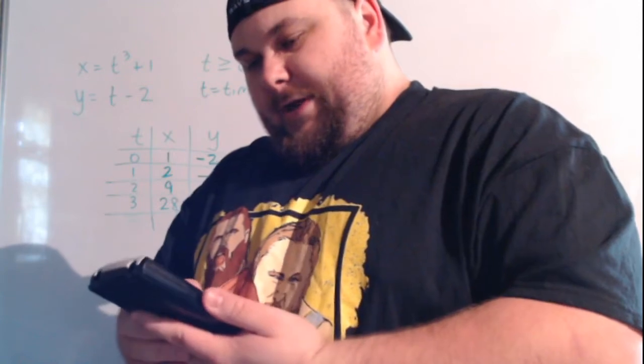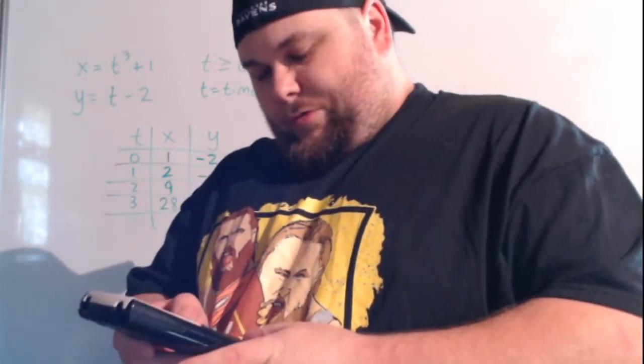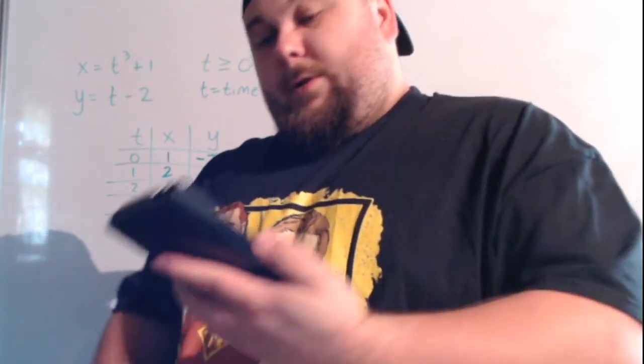I'm also going to change my y values from negative 10 to 10 to, I don't know, negative 4 to 4 or something like that, just to make it a little clearer. So that's what your equation should look like.